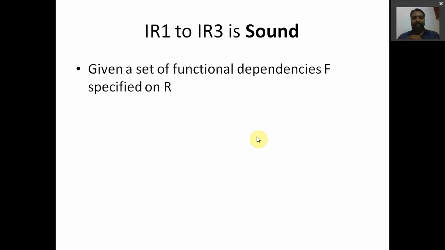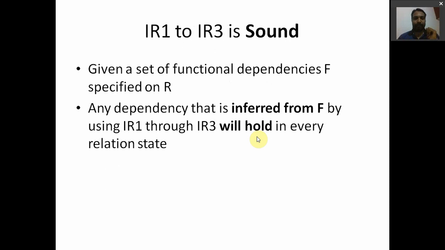Given a set of functional dependencies F specified on R, any dependency that is inferred from F by using IR1 to IR3, by applying these three rules, will also hold in every relation state of R. That is, if you have an F specified on a particular relation, any dependency inferred from this F by applying these three rules will also hold on that particular R. So that is why it is known as sound.